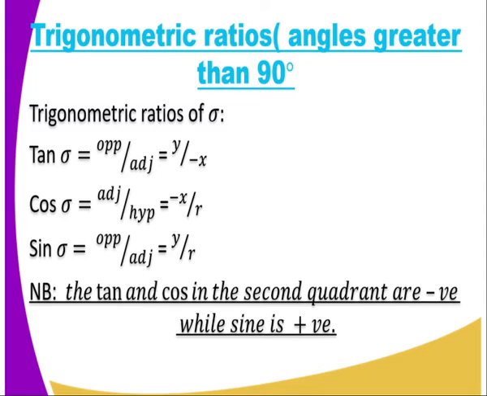And note this, the tan and cos in the second quadrant, for angles greater than 90, are negative, while sine is positive. These are angles greater than 90 but less than 180.